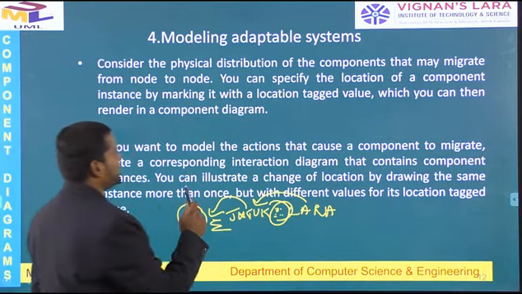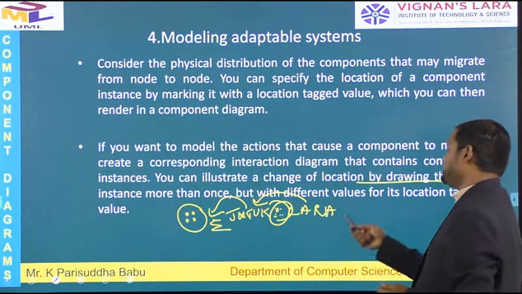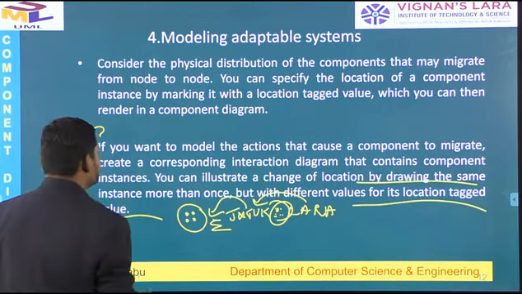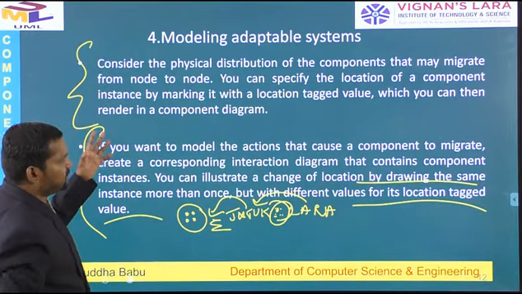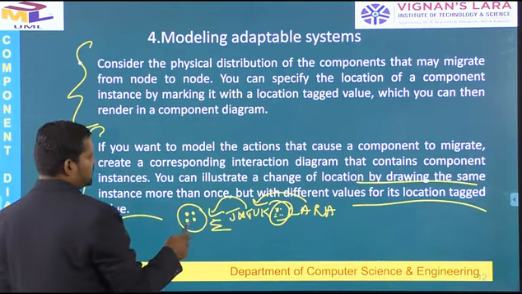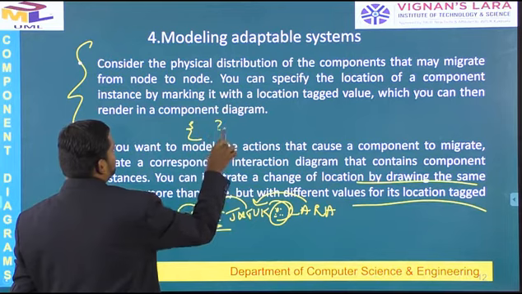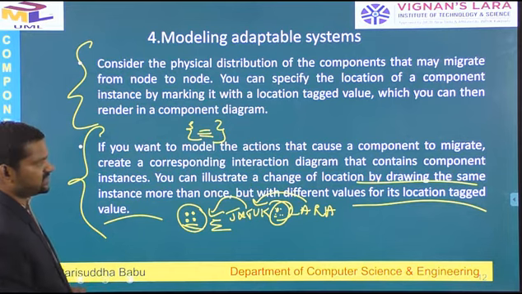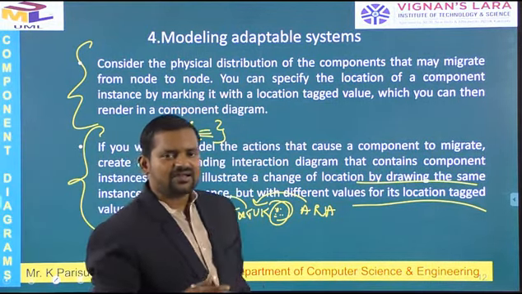You can also illustrate a change of location by drawing the same instance more than once, but with different values for its location tagged value. So the ultimate goal is to provide the location and the corresponding information, with the square brackets also. Let it change location, where you may also give the tagged values.